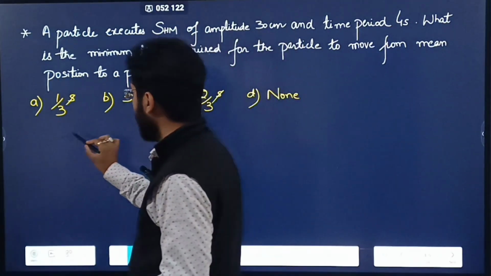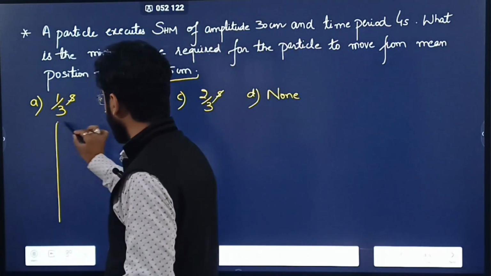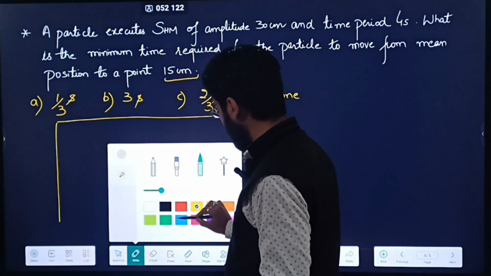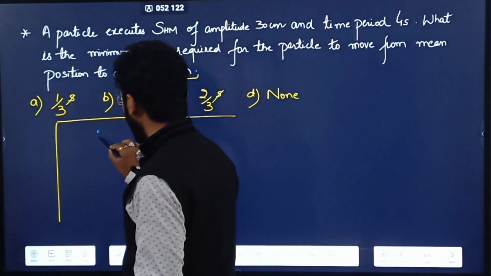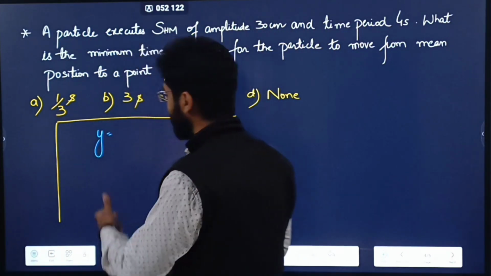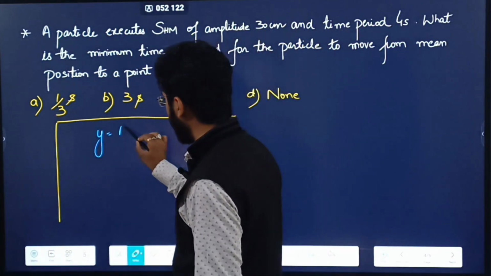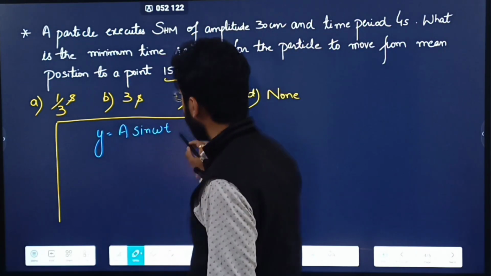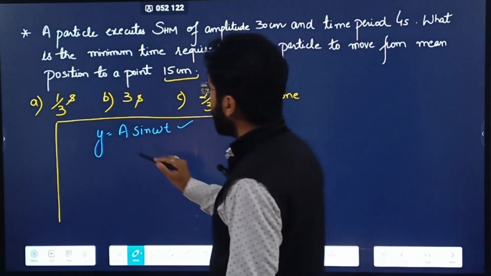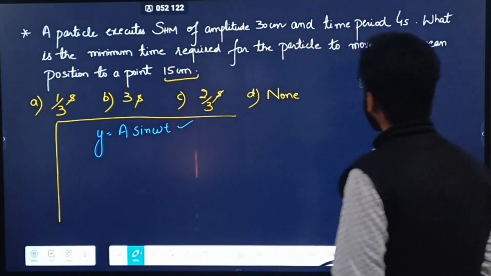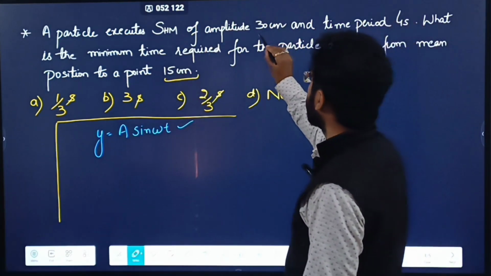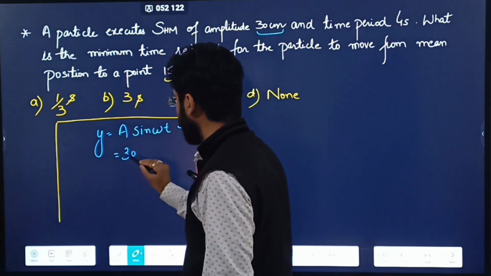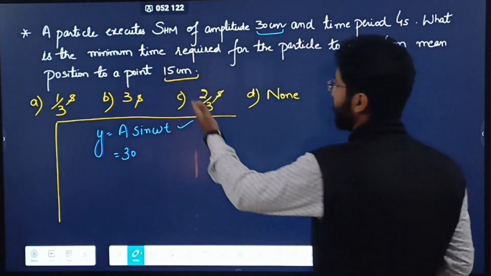Now, as you know, the displacement equation is y equals a sine omega t. Here y is the displacement, and the amplitude is 30 centimeter, means the value of a is 30 centimeter, and the position is 15 centimeter.